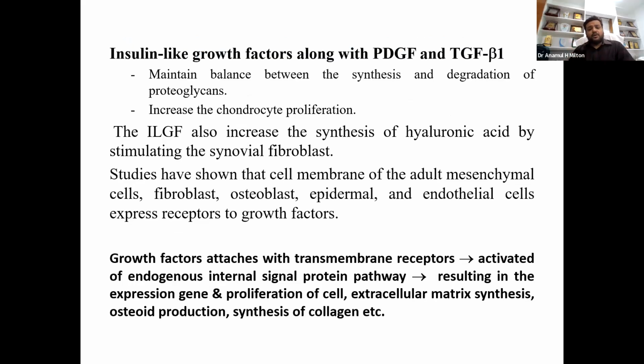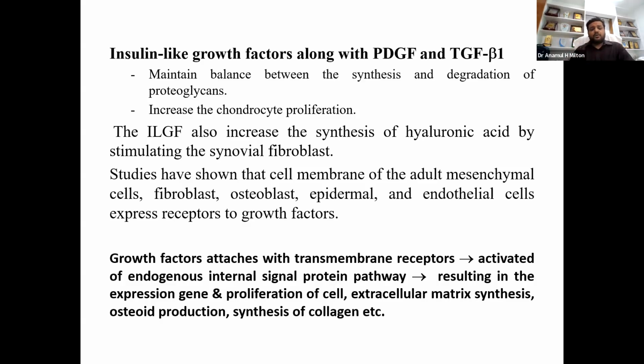So moreover, we have seen that the insulin-like growth factor, along with the platelet-derived growth factor and transforming growth factor beta 1, help in maintaining the balance between the synthesis and the degradation of the proteoglycan, and also increase the proliferation of the chondrocyte.